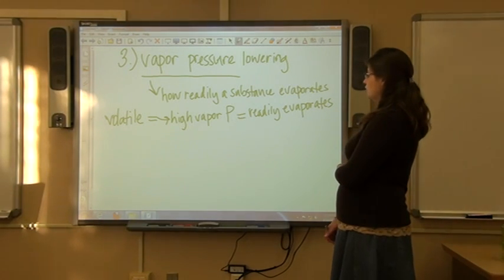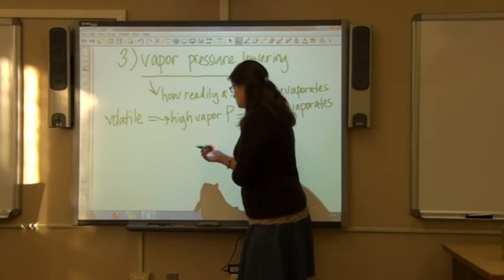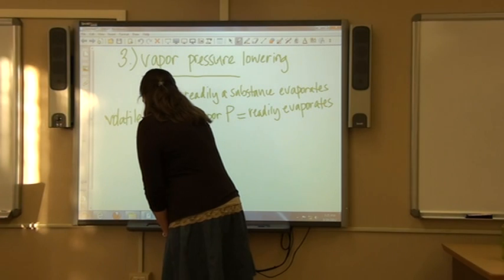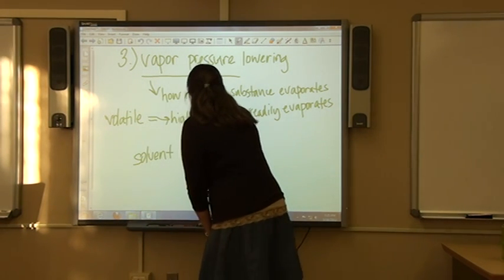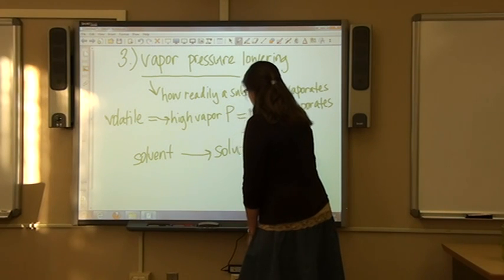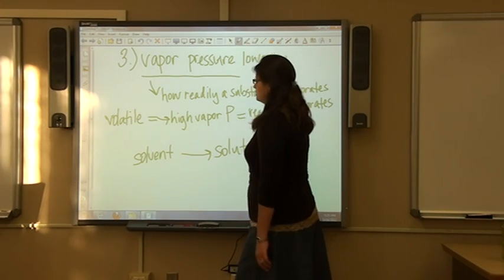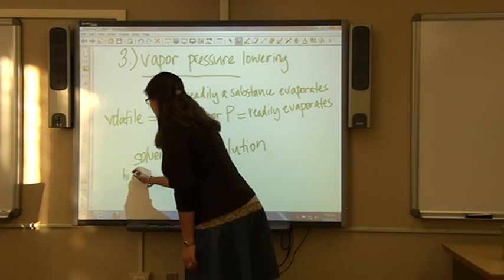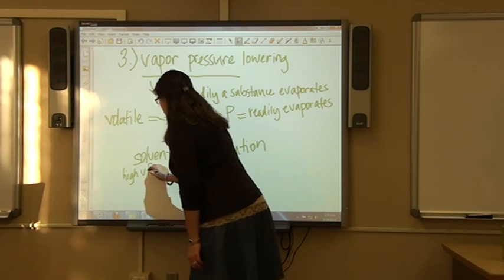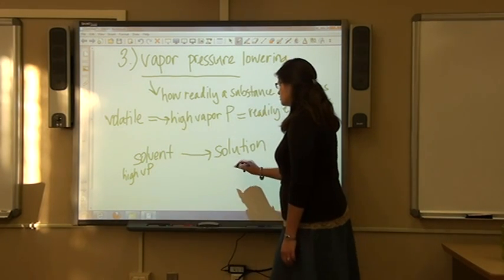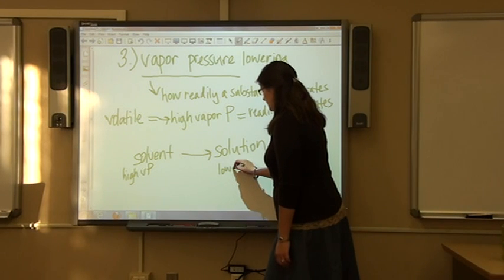Okay, so when you have a solution, you're going from solvent to solution. Your solvent might have a high vapor pressure, but your solution will have a lower vapor pressure.